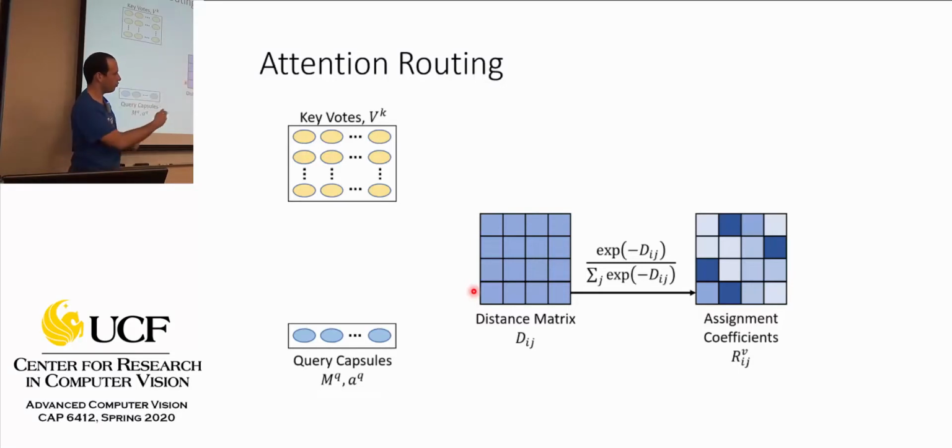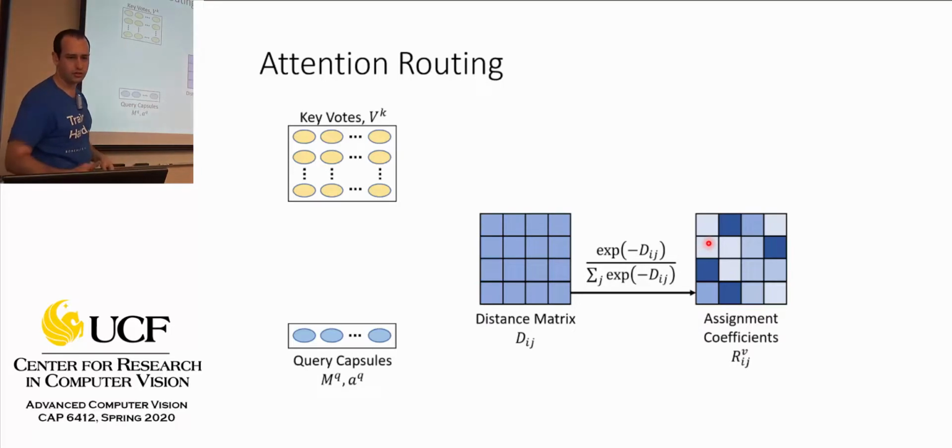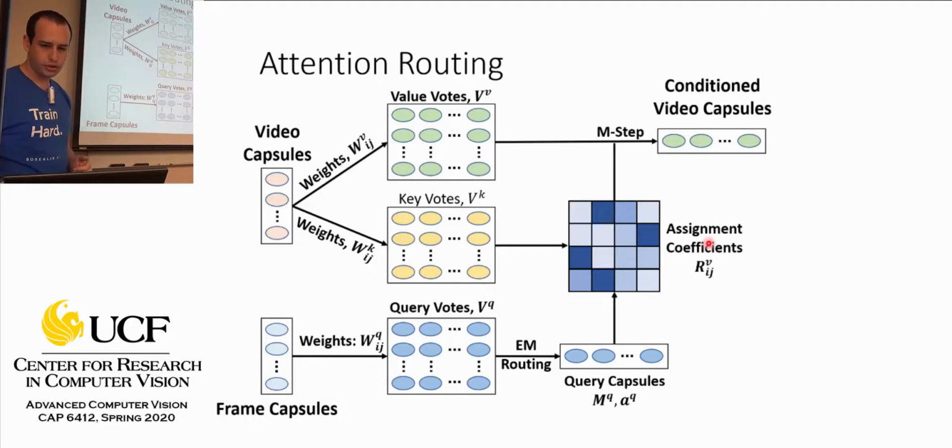So the darker blue would be closer to 1, so that would say, okay, that vote corresponds with that object, and then the lighter colors would correspond to 0, saying, okay, that vote does not correspond to that object, it corresponds to a different object. So those give us some routing coefficients, or assignment coefficients, which we can use for the routing algorithm for these votes.